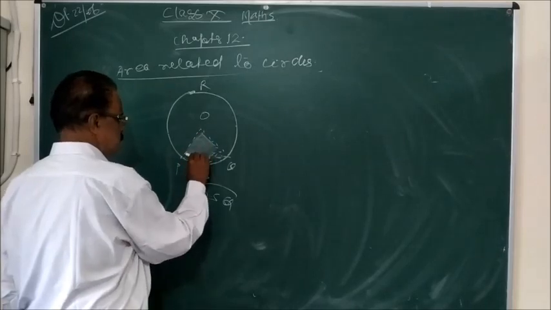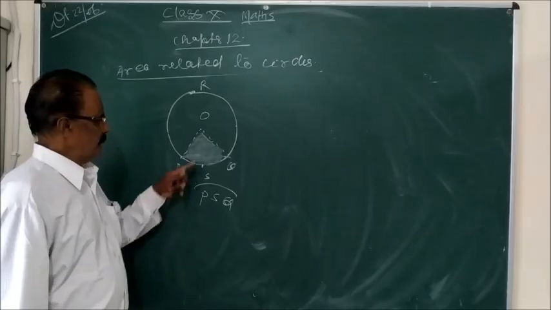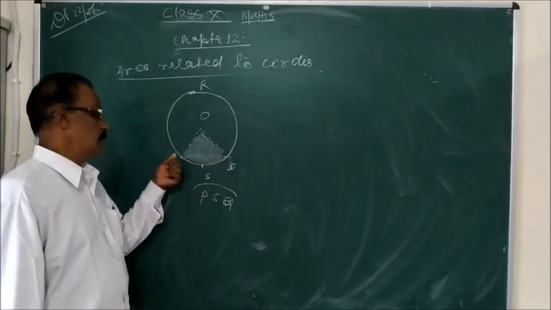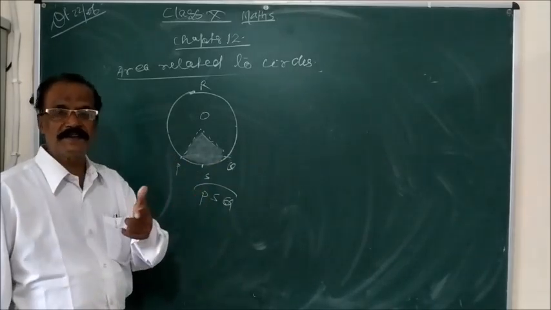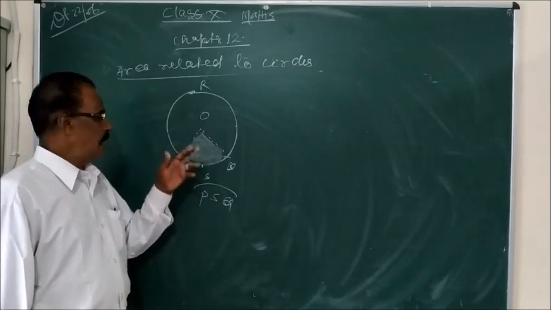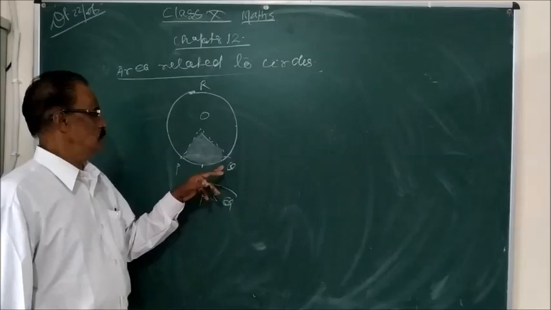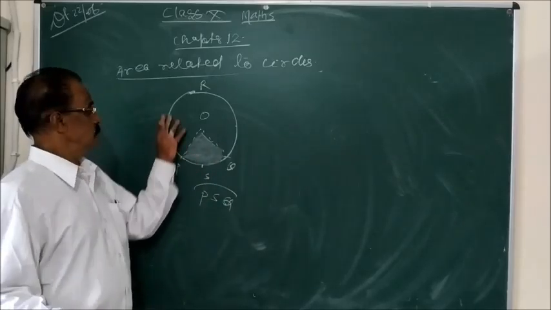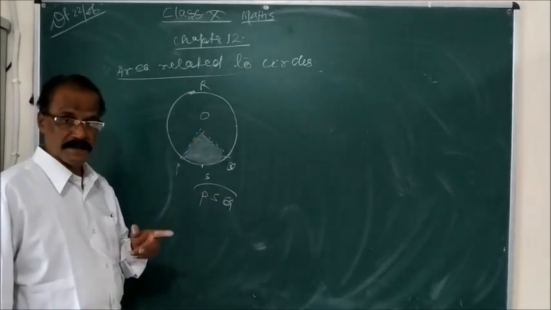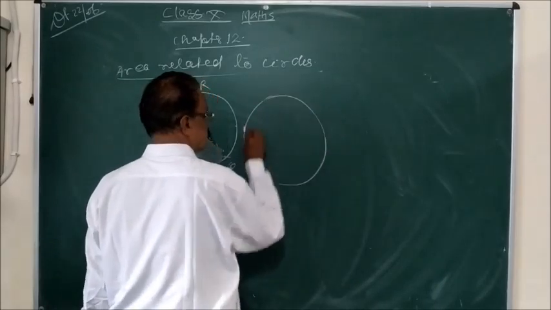So sector means, you understand, the area enclosed by 2 radii and corresponding arc is called sector of the circle, and this may be minor sector. And this OPQ, OPSQ is a minor sector, and this is another sector. This is called major sector. So this is sector.